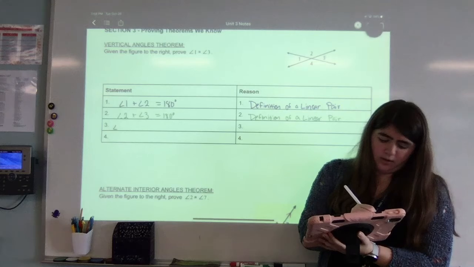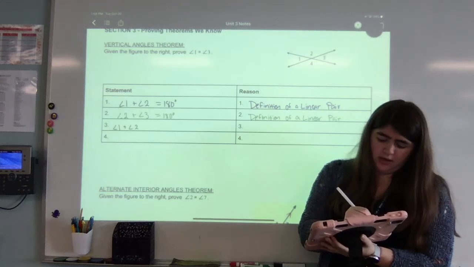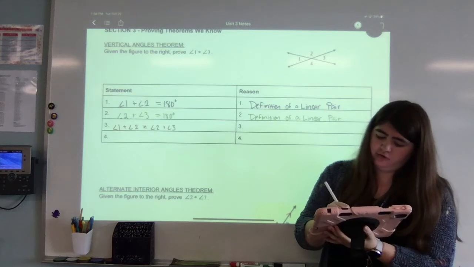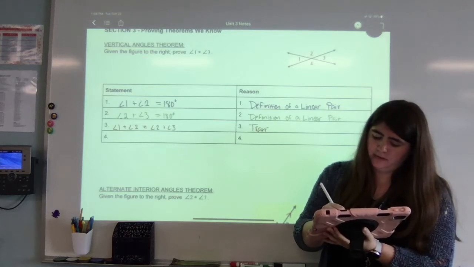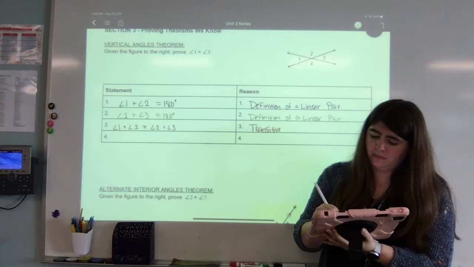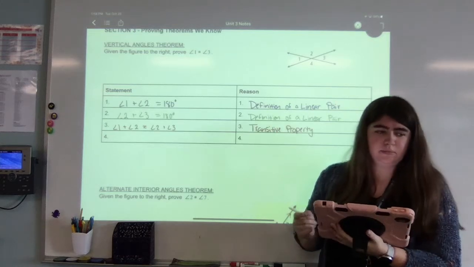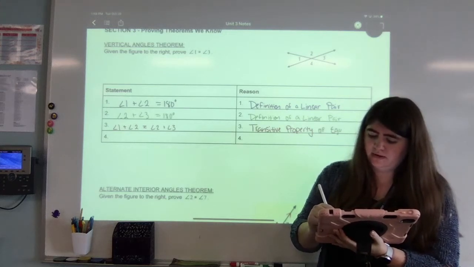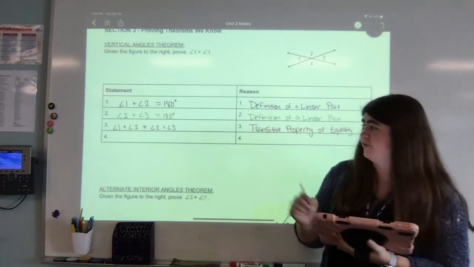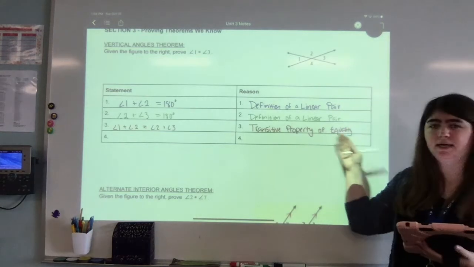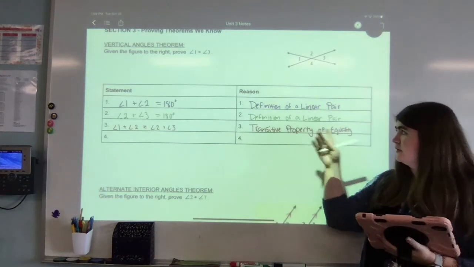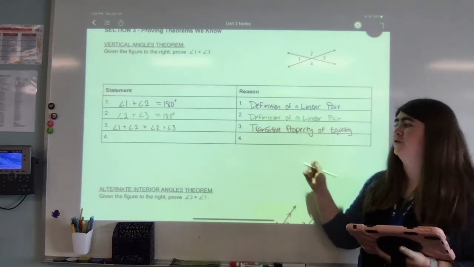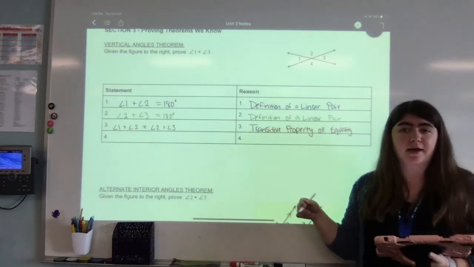I have angle 1 plus angle 2 is equal to angle 2 plus angle 3 by the transitive property of equality. Can't forget that part. For right now, we're going to leave of equality in our reason, but eventually if you want to just write transitive property, I will take that as well.